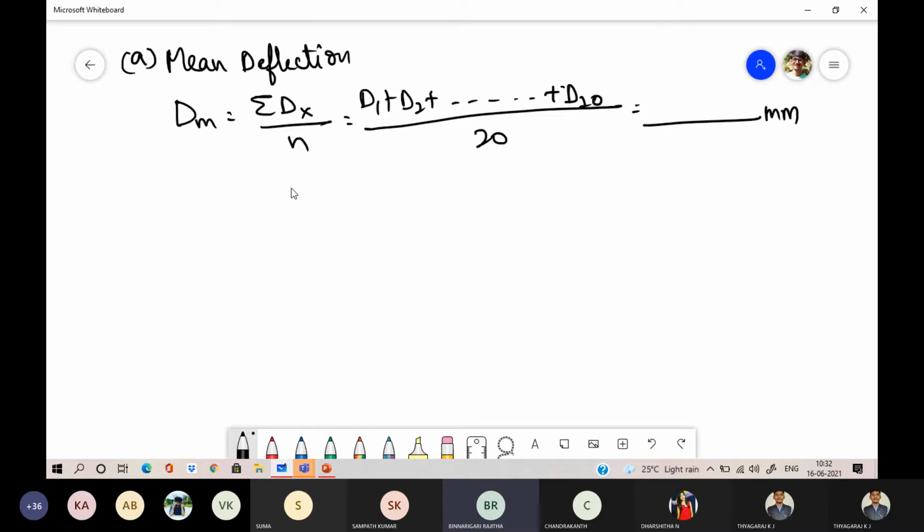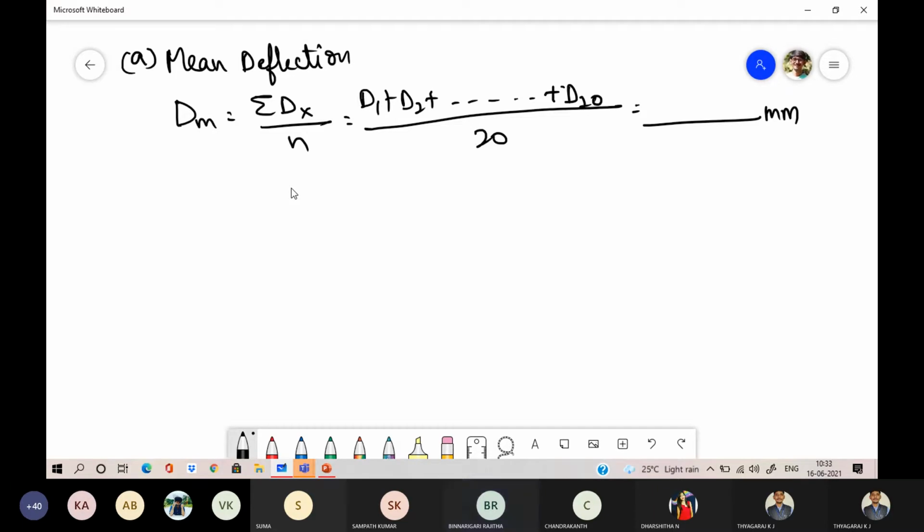Next 1.55, 1.49, 0.49, 1.46, 0.46, again 1.46, 1.59, 0.59, 1.58, 0.58, 1.55, 1.48, 0.48, 1.62, 1.52, 1.55, 0.55, 1.56, 0.56. Okay, these are the 20 values we are going to get.